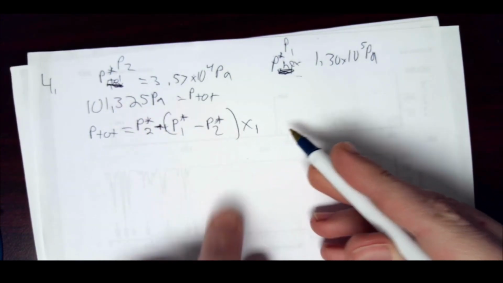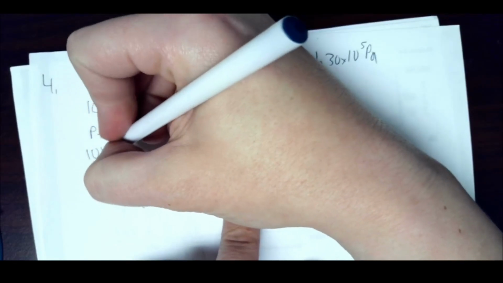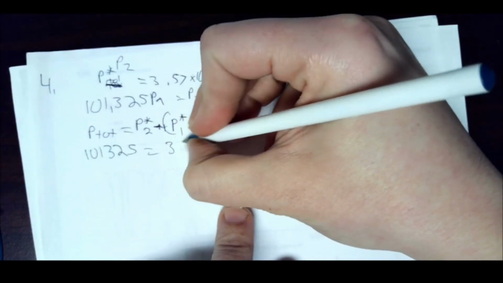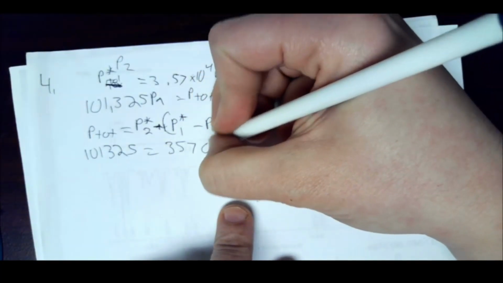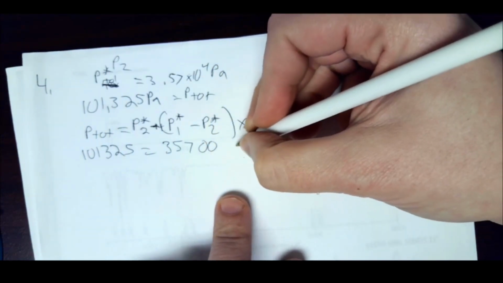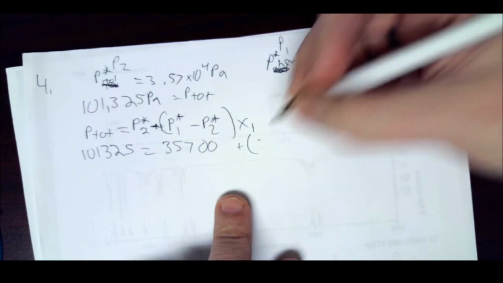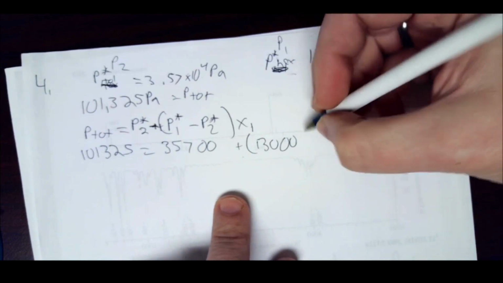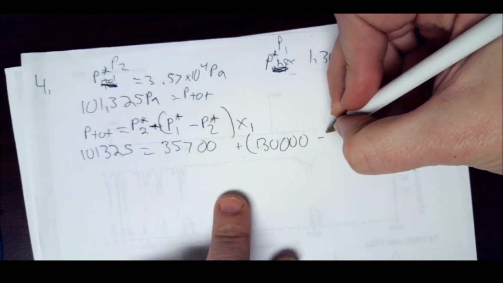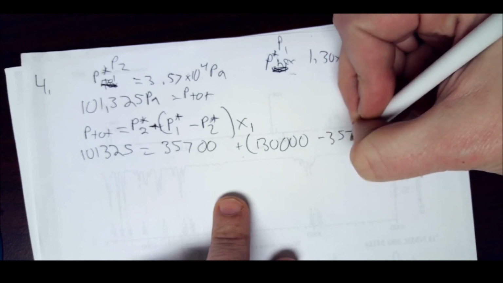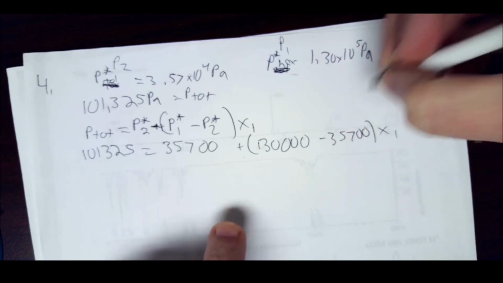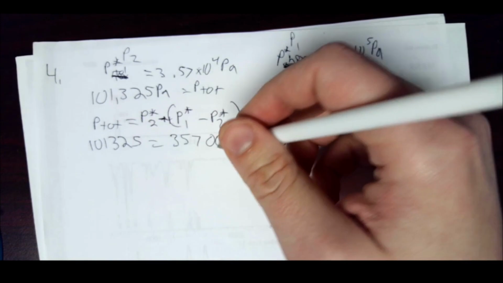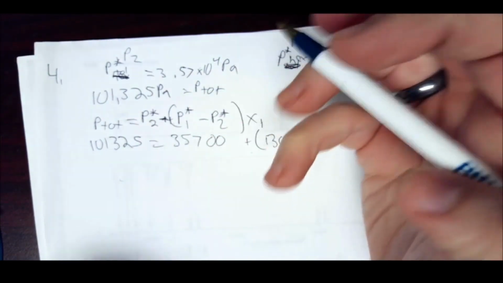These are just constants, and I'm just solving for X1. So 101,325 is equal to 35700 plus 130,000 minus 35700 x1. Doing some quick calculations, getting this to the other side.